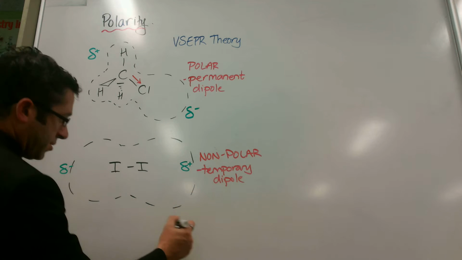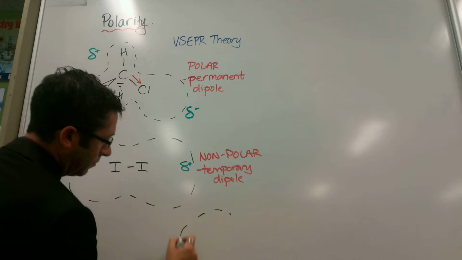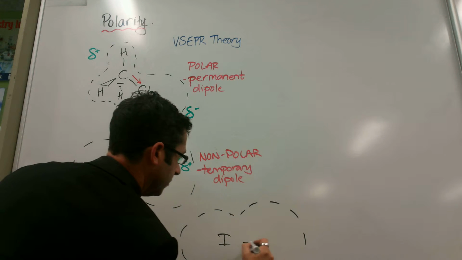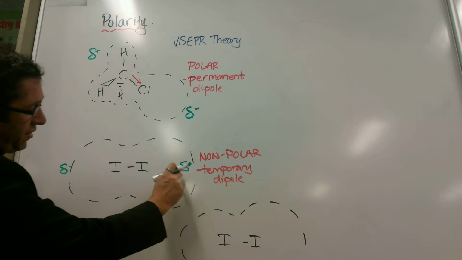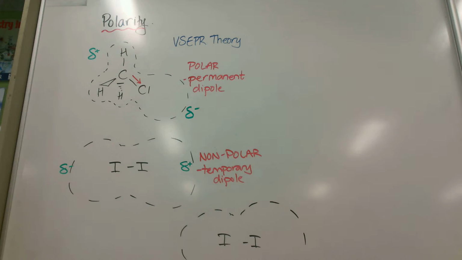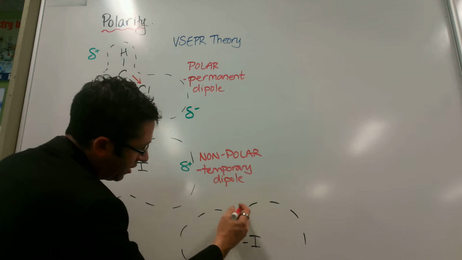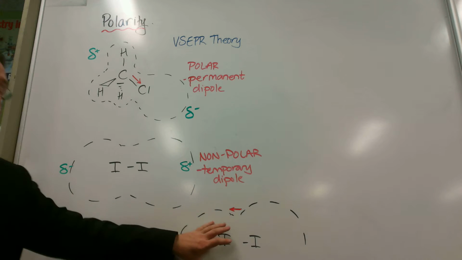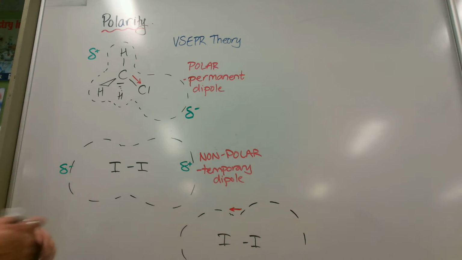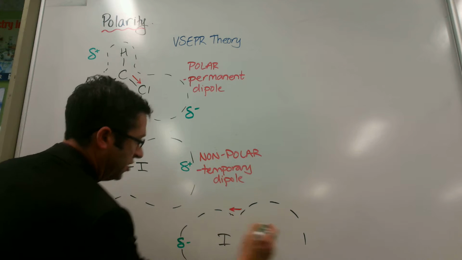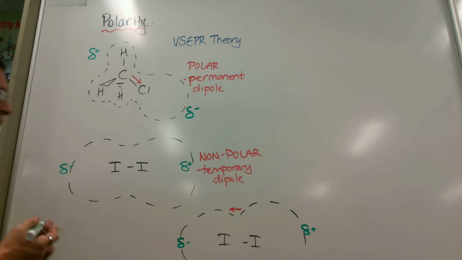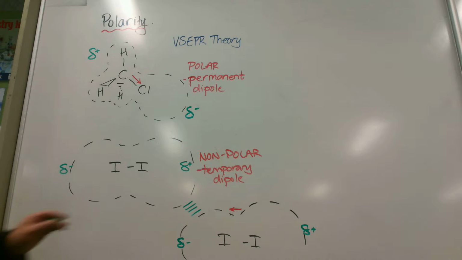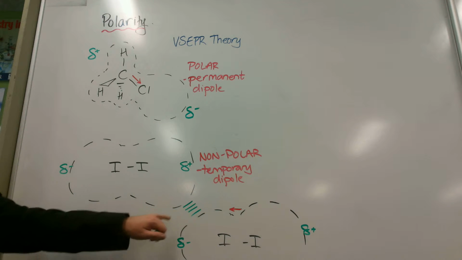So if it comes next to a neighbouring one, this delta plus side will give a small attraction for the electrons this way, which will create an induced dipole in the neighbouring molecule, and therefore an attraction can be formed between them. Normally shown as lines like that if we want to.